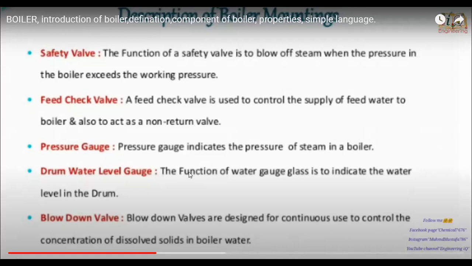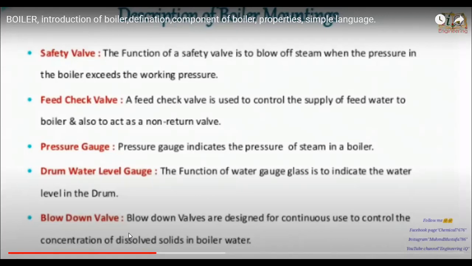Similarly, the water level indicator shows the minimum water that must be available in the drum. Okay. So next is the blow down valve.